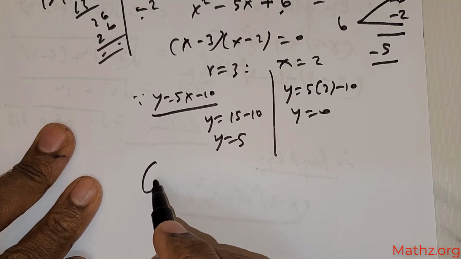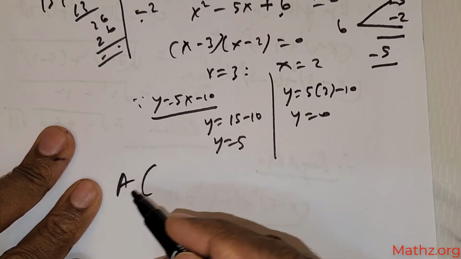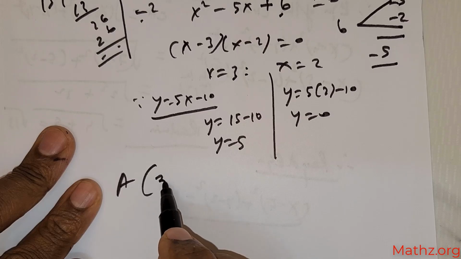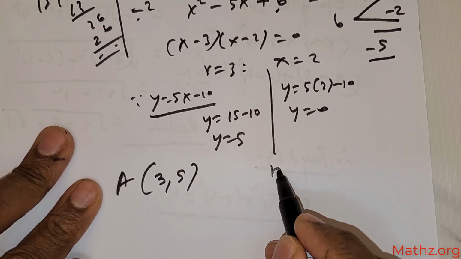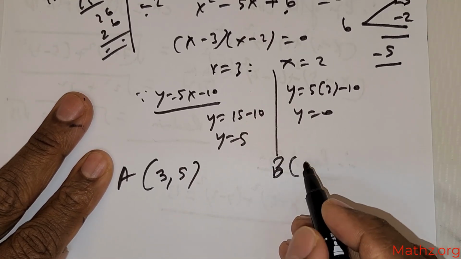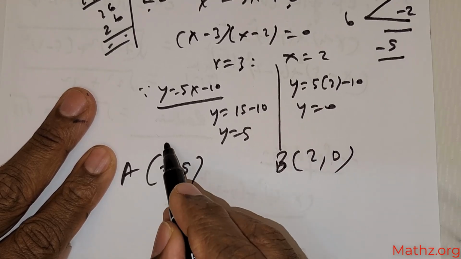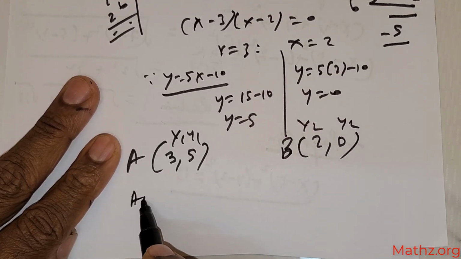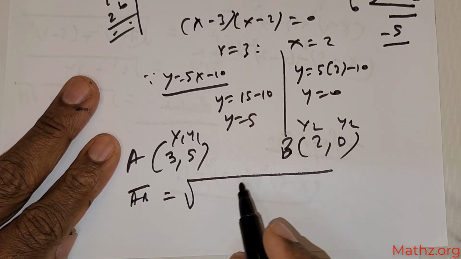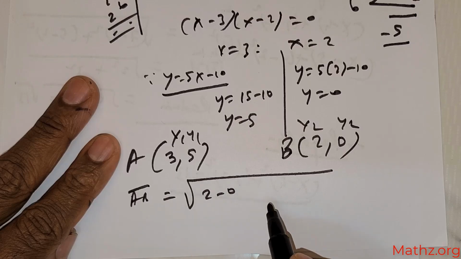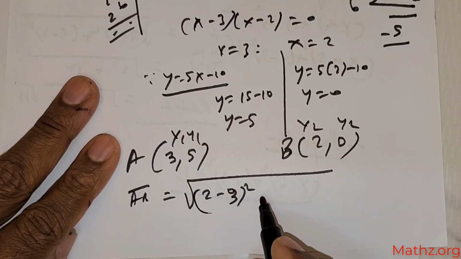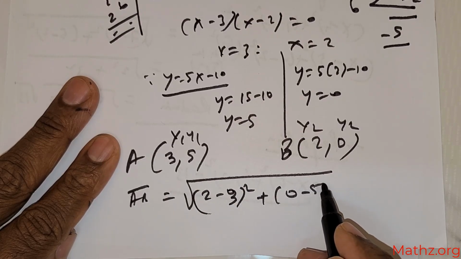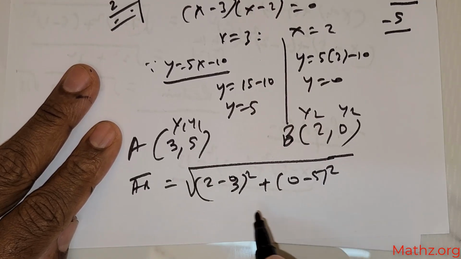So therefore the intersecting points, if we were to take it as A and B, this is going to be A of 3 comma 5 and this is going to be B of 2 comma 0. So if I were to take (x1, y1) and (x2, y2), if I were to find the distance AB, this is going to be square root of (2 minus 3) the whole square plus (0 minus 5) the whole square, right?